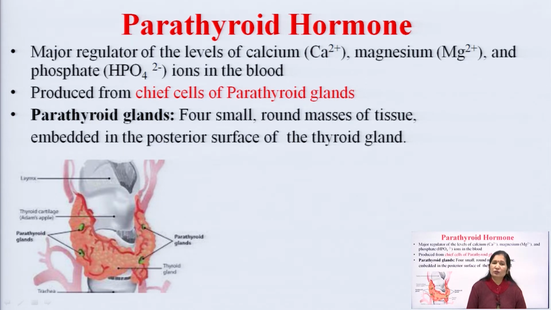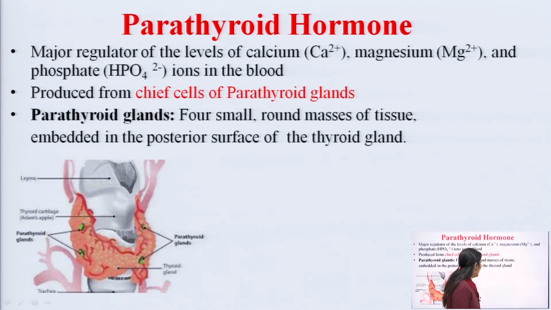It is produced from the chief cells of the parathyroid gland. And where are the parathyroid glands located? Parathyroid glands are 4 small round masses of tissue that are present on the posterior surface of the thyroid gland, thyroid gland के पीछे.